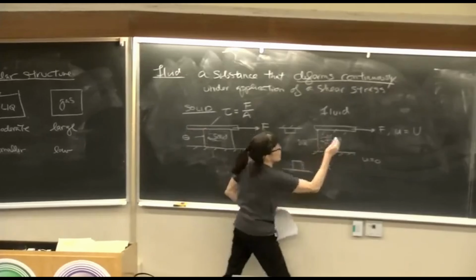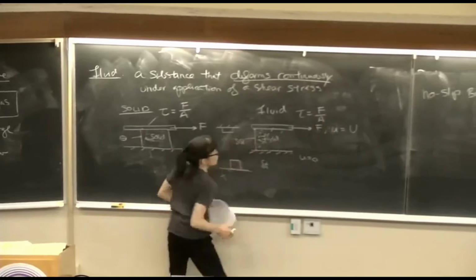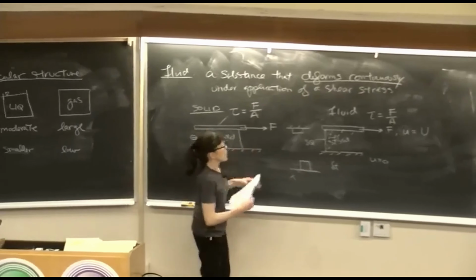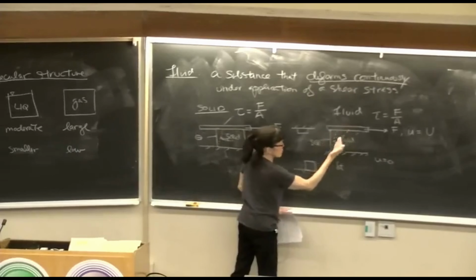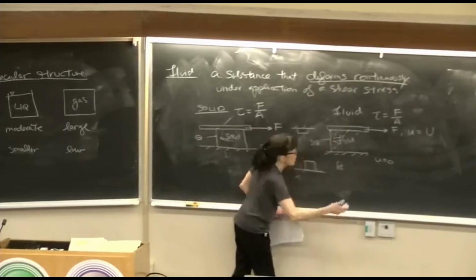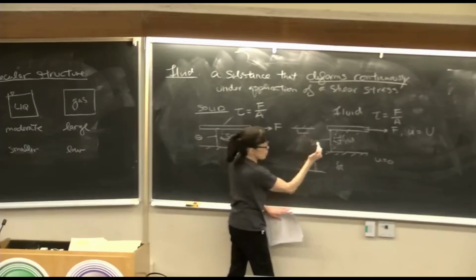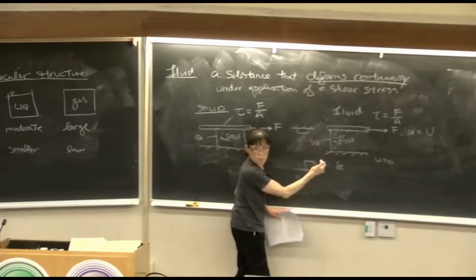So in this case, where there is this shear stress, which is this tangential force per unit area, we can't consider the shear stress to be proportional to a deformation because the deformation just keeps growing. And this is constant. So it is proportional to the rate of deformation.